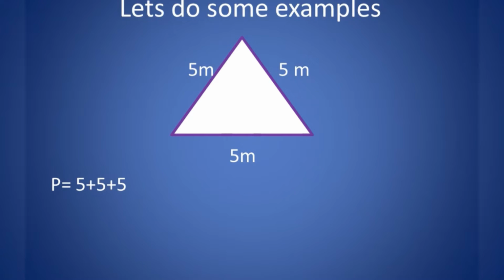So the P stands for perimeter, and in order to find the perimeter of this triangle, you need to add up all the numbers around. And 5 plus 5 plus 5 is equal to 15. And it's not 15, but 15 meter. Always remember to write your units.